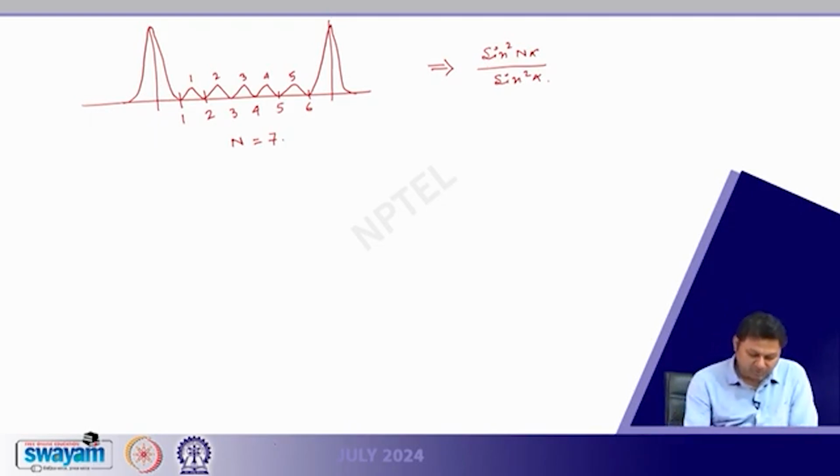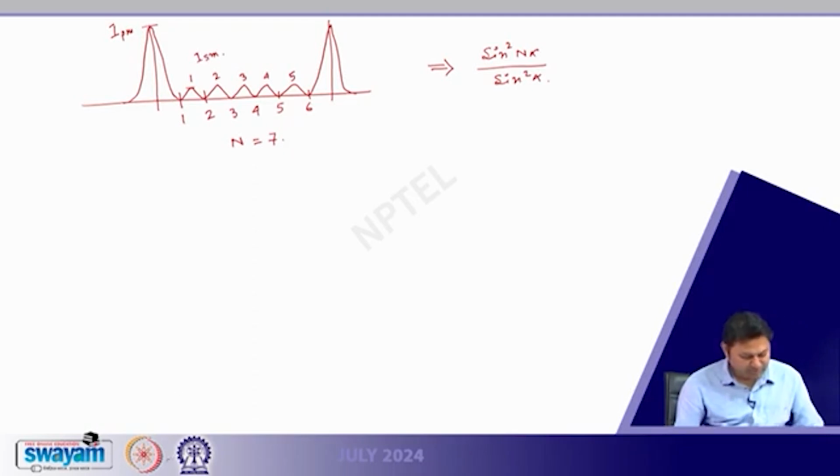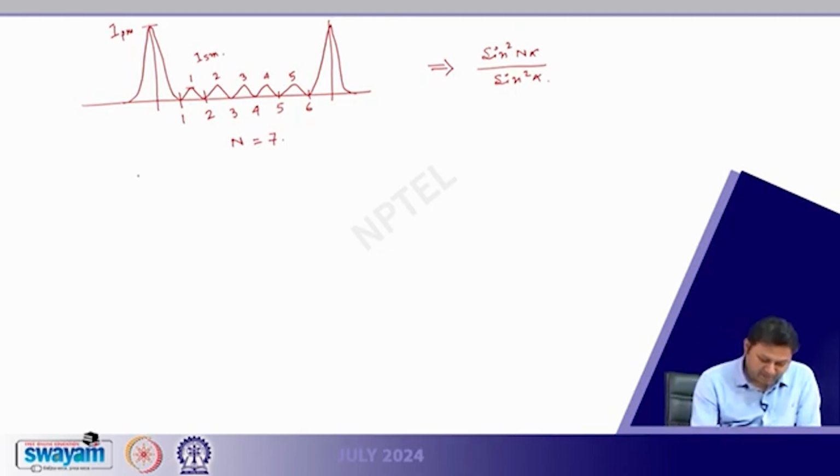And also we calculate the ratio between these. If this is the peak intensity of the principal maxima, and the intensity here is that of a secondary maxima, then the ratio we calculated in the last class is I secondary maxima divided by I principal maxima, PM.